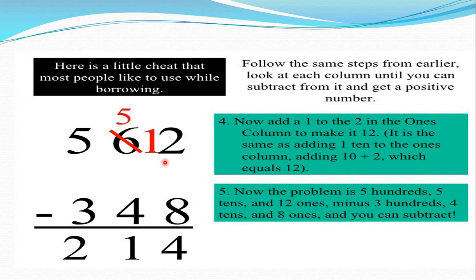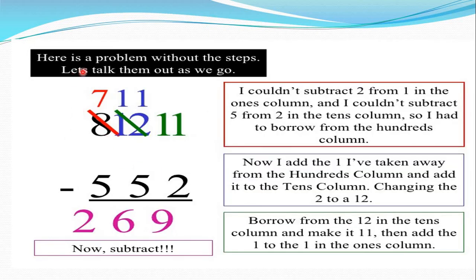Okay, what did they tell us? They told us to do it separately. And now for the other sum. The other sum is what? 821 minus 552. So what is the answer?